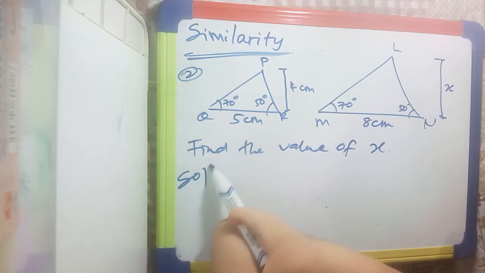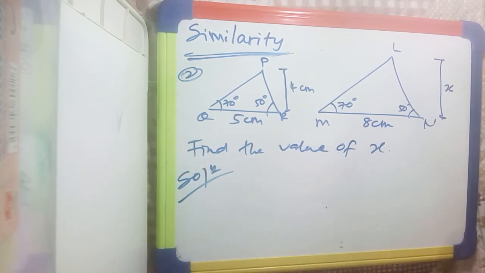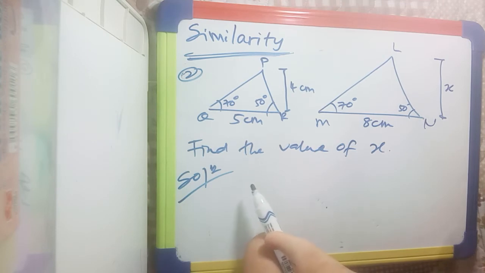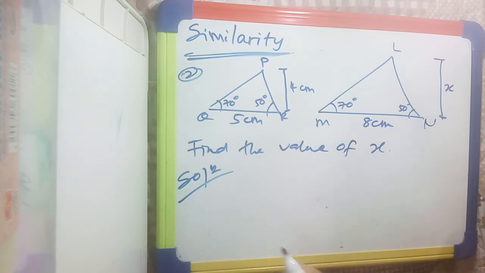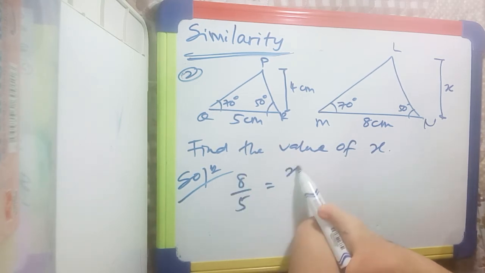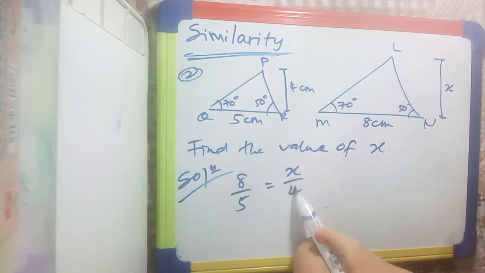First of all, always remember, we are still talking about length. So first I will find the scale factor. In order to find the scale factor, big over small, 8 over 5. So 8 over 5 is equal to x over 4. How do I get this?